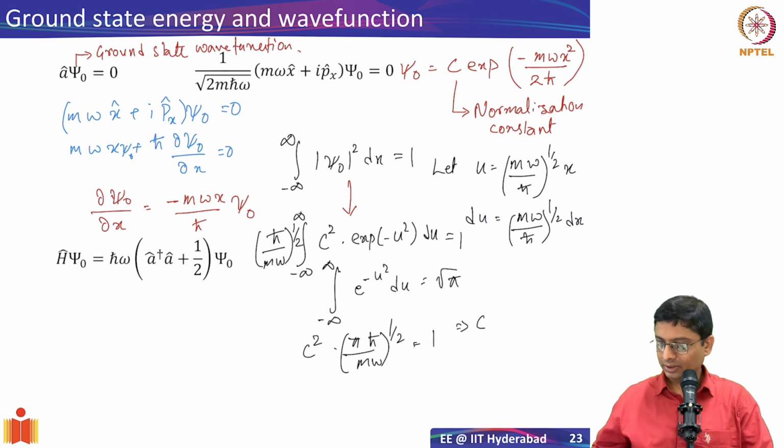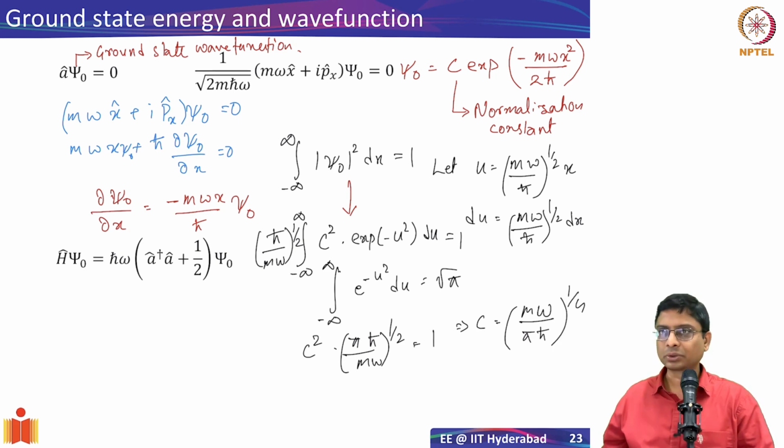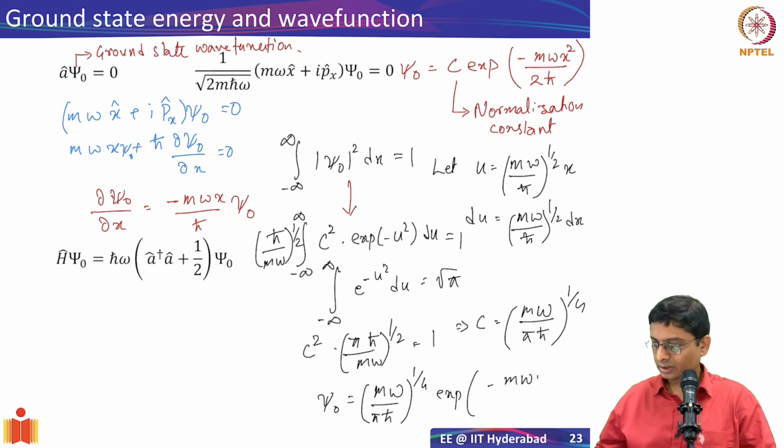That implies c is going to be m omega by pi h bar whole thing to the power of 1/4. So this is my normalization constant. Effectively, my solution, the ground state wave function psi naught, is m omega by pi h bar whole thing to the power of 1/4 exponential minus m omega x square divided by 2 h bar. This is my ground state wave function.